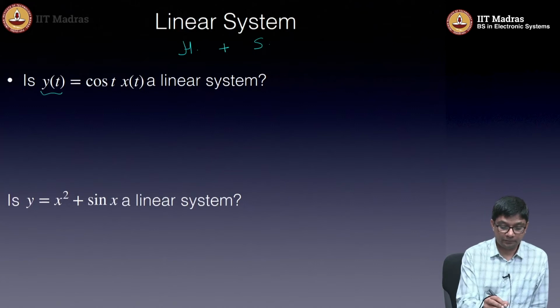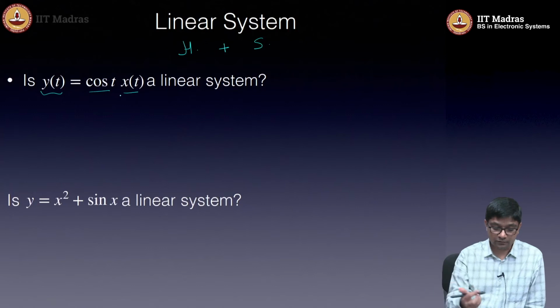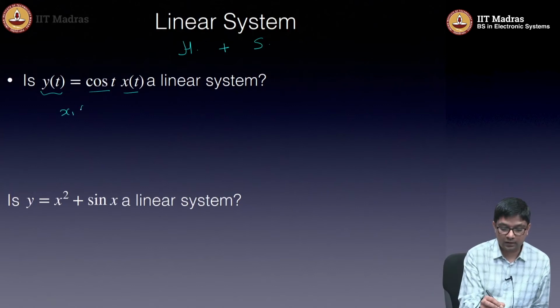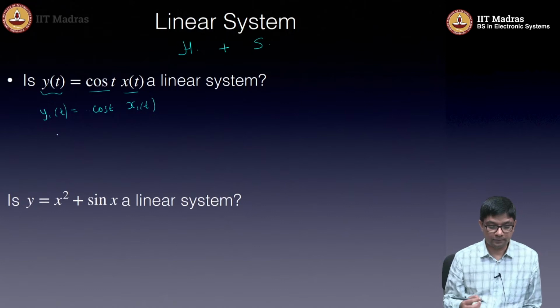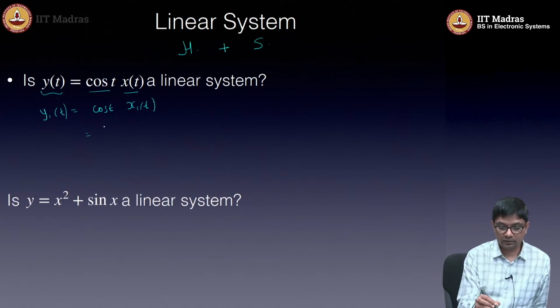Is y(t) equal to cos t times x(t) a linear system? Okay, fine. I take x1 of t, I multiply it with cos of t, I get y1 of t. Similarly, I take x2 of t, multiply it with cos of t, I get y2 of t. So I just sum both of them.